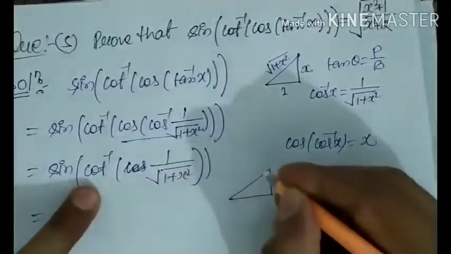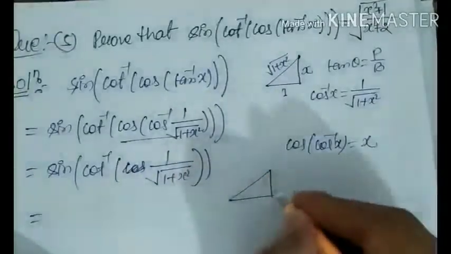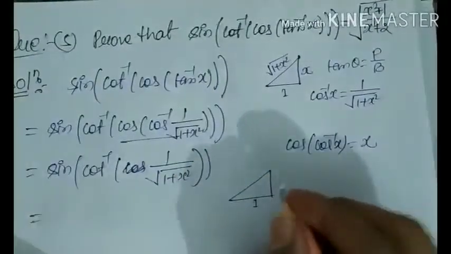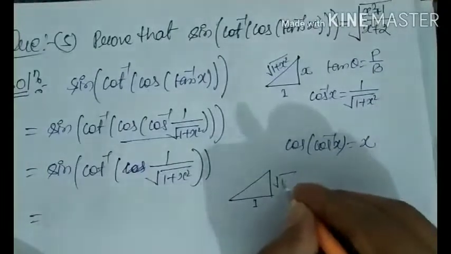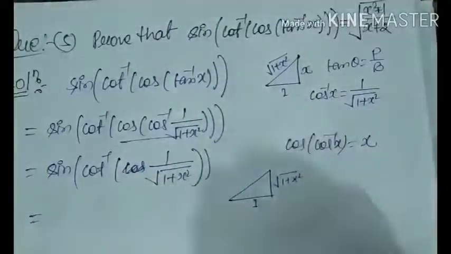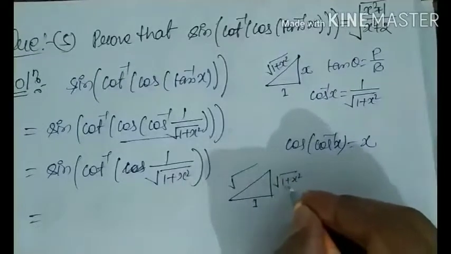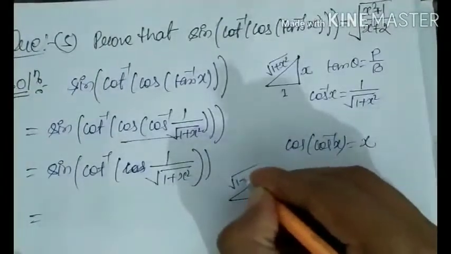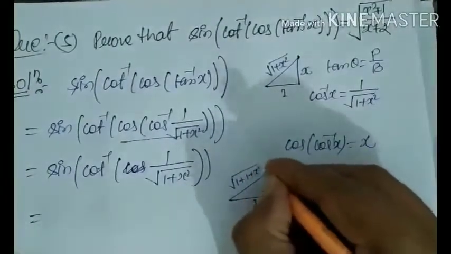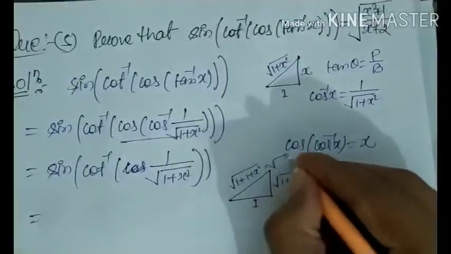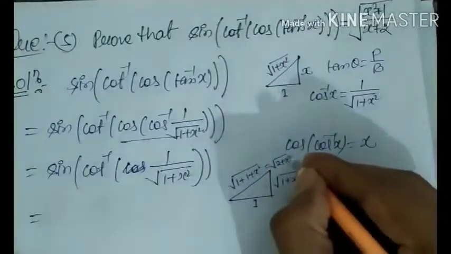Here it is a triangle, and 1 will be here and under root 1 plus x square will be here. Then the hypotenuse will be 1 square plus root over 1 plus x square, which means 1 plus x square, which is equal to 2 plus x square.